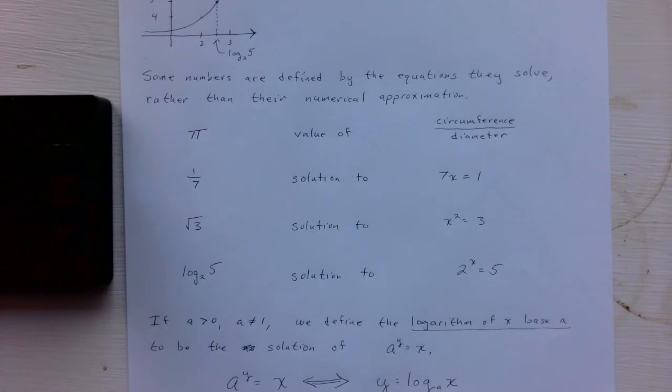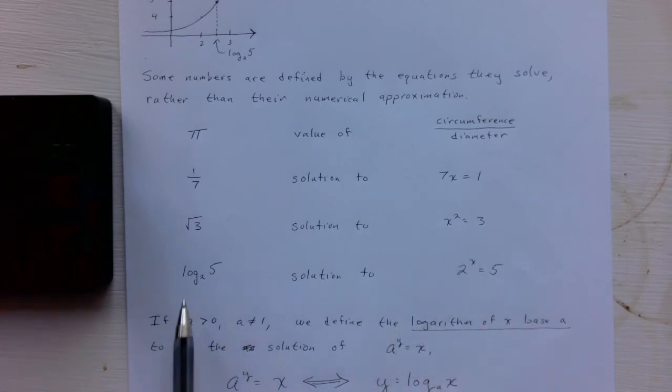That's how we define pi. 1/7, well, we can think of it as a fraction, but it's also the solution to the equation 7x minus 1 equals 0. Square root of 3: we don't really memorize its decimal approximation either, but we know it's the number that if you square it, you get 3. So it's a solution to x squared minus 3 equals 0.